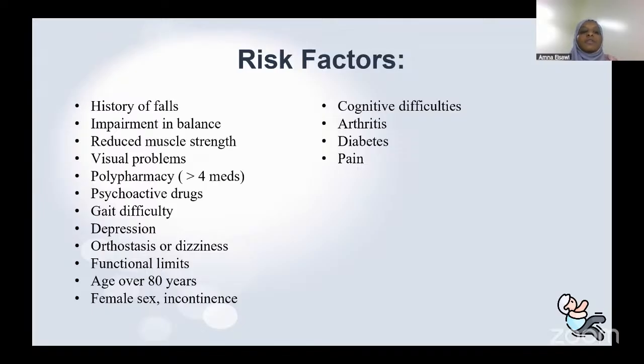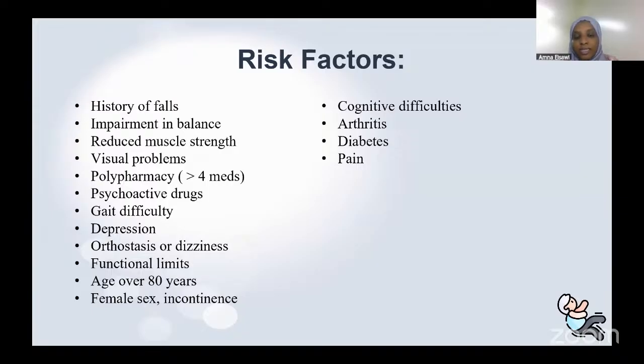Visual problems, polypharmacy, which is defined as taking more than 4 medications. Psychoactive drugs are also a risk factor. Gait difficulty, depression as well, orthostasis or dizziness, functional limits, and being over 80 years old are also risk factors.